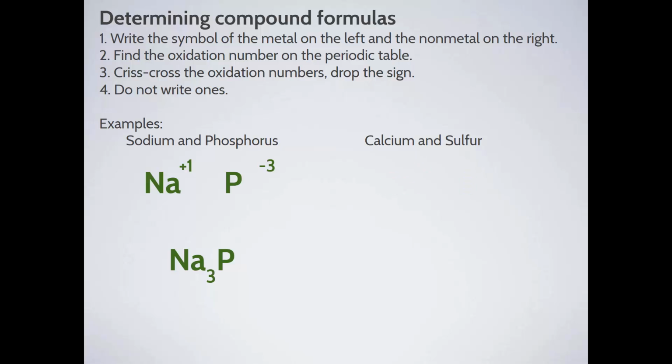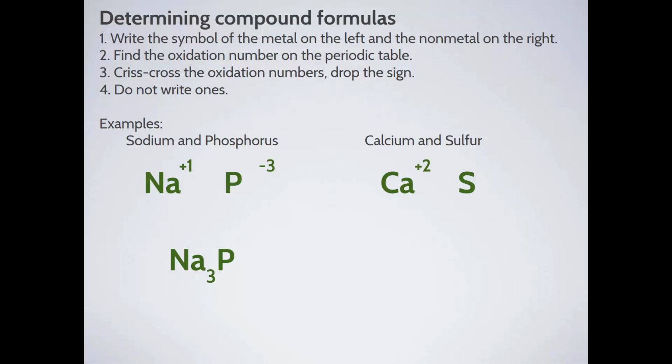Calcium. Ca. What's its oxidation number? +2. Sulfur. How many electrons in the outer shell, Devin? 6.